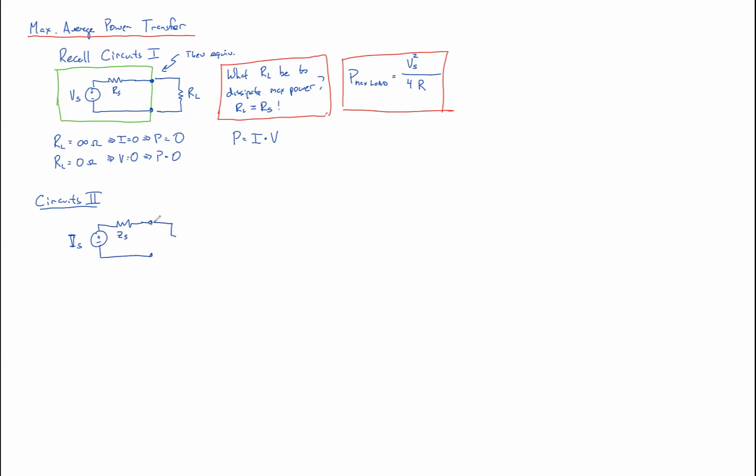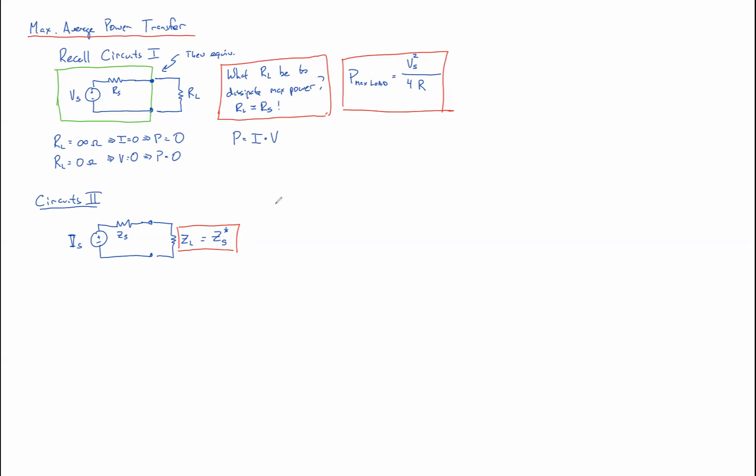Here's our load, which is also an impedance. And to dissipate maximum power, we want it to equal not our source impedance, but the complex conjugate of our source impedance. And if these things are real, then the complex conjugate is the same thing as the source impedance, and we end up with our circuits 1 answer.